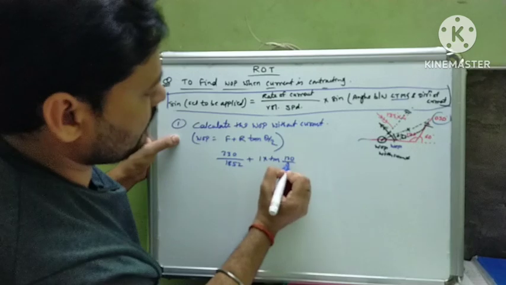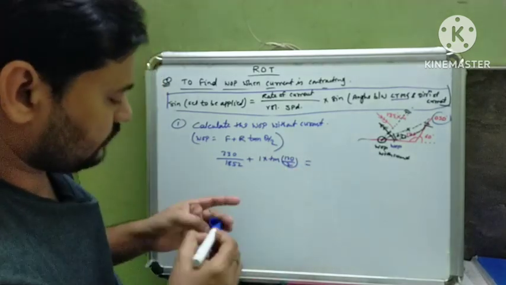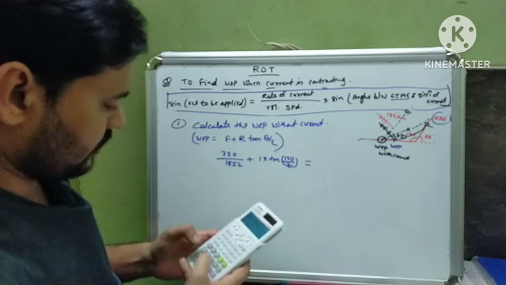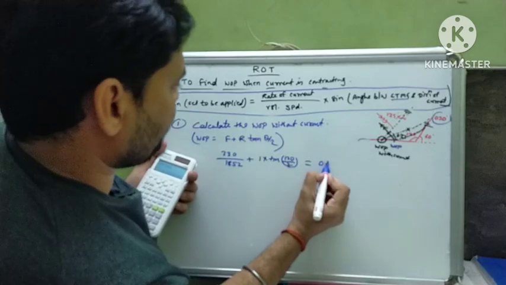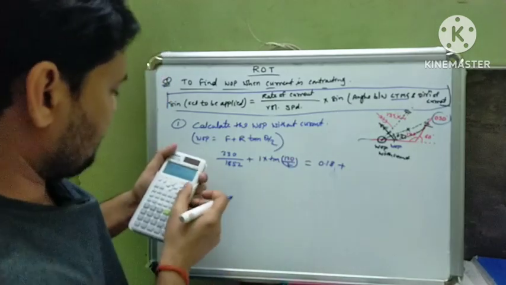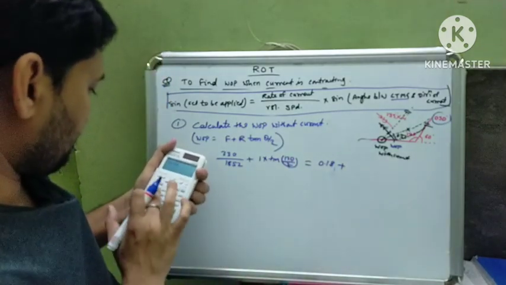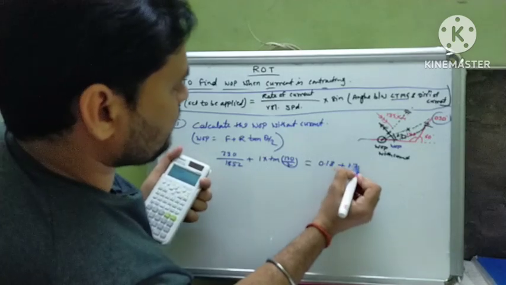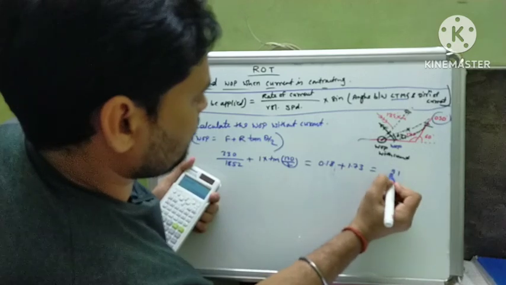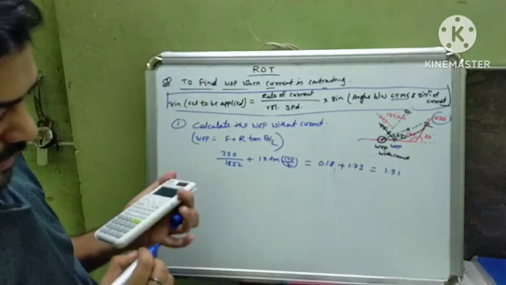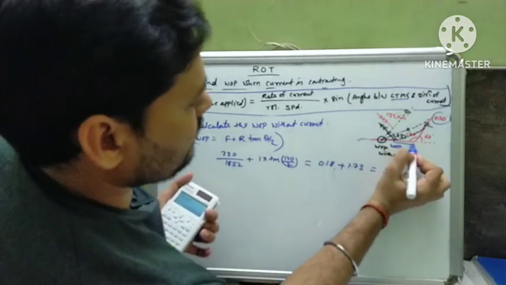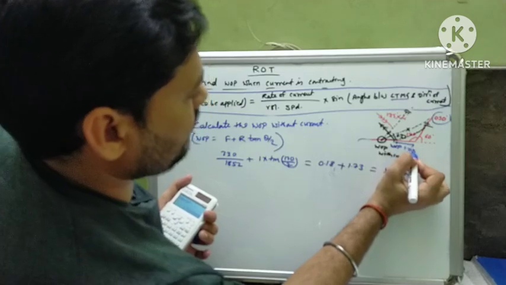So this will become 120 divided by 2, so 60. So 330 divided by 1852 is 0.178, just take 0.18, plus tan of 60, tan 60 degree is 1.73. So this will become 1.91 nautical mile. So this is 1.91 nautical mile.